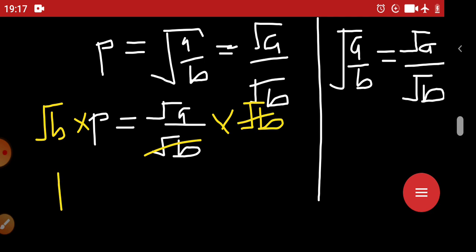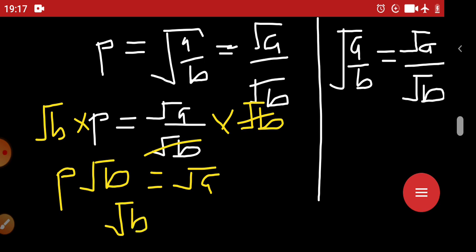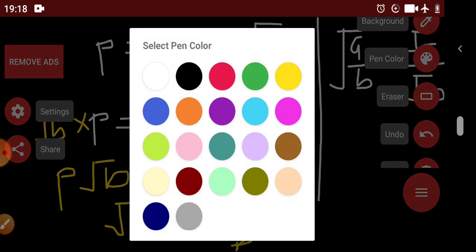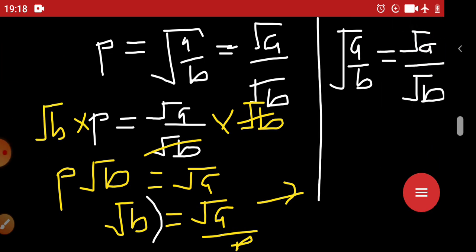Here we have P times the square root of B is equal to the square root of A. Now we divide by P on both sides, so the square root of B is equal to the square root of A over P. The next step is to take the opposite of square root, which is squaring.